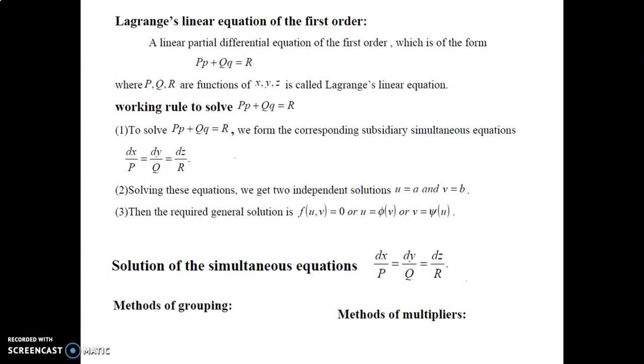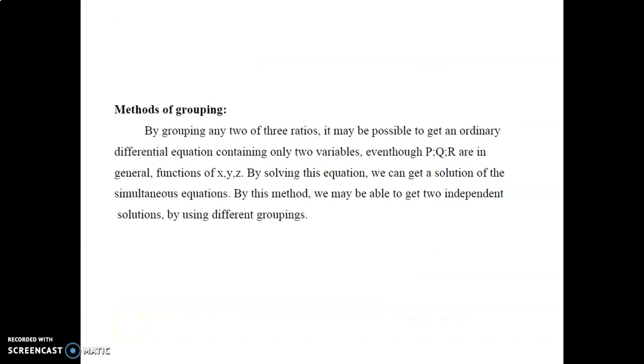In order to solve the Lagrange linear equation, there are two methods to solve the simultaneous subsidiary equation, namely the method of grouping and the method of multipliers. First we discuss the method of grouping. As I said earlier, there are three ratios involved in the subsidiary equation.